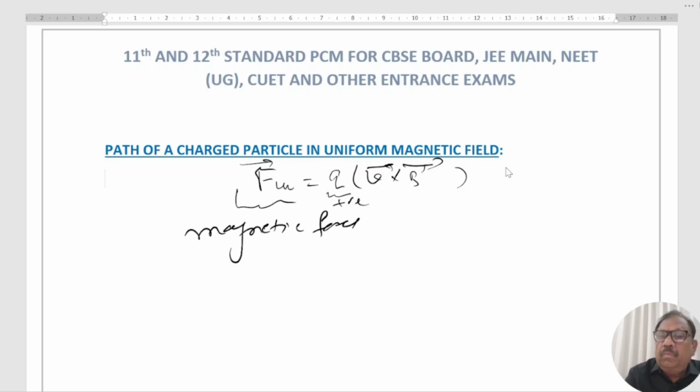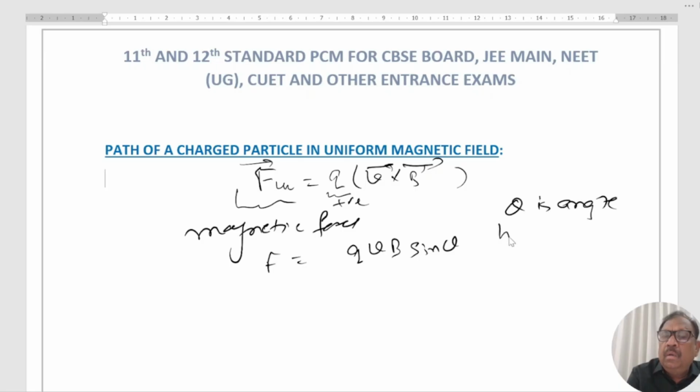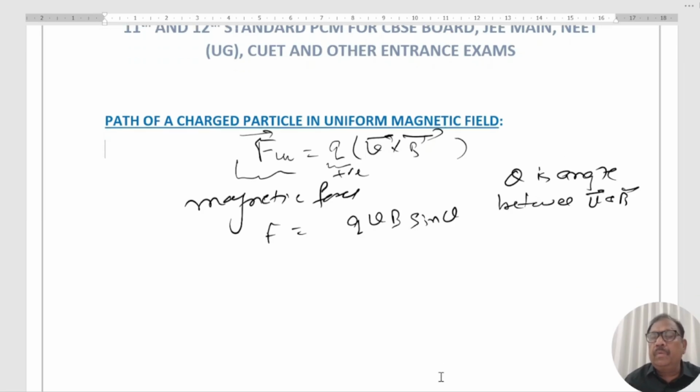V is the velocity of the charged particle entering the uniform magnetic field. In that case, F equals Q V B sin theta, where theta is the angle between V and B.